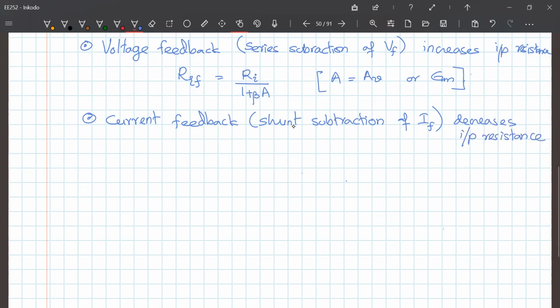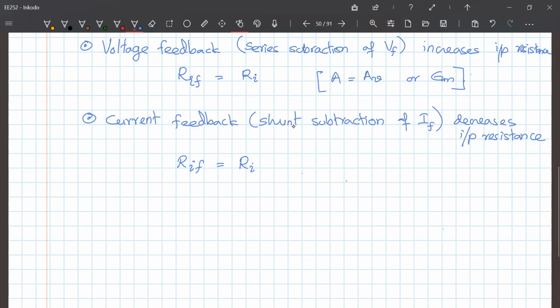So my RIF will now be equal to RI times, sorry, I think I marked it incorrectly in the previous one. This should be multiplied.